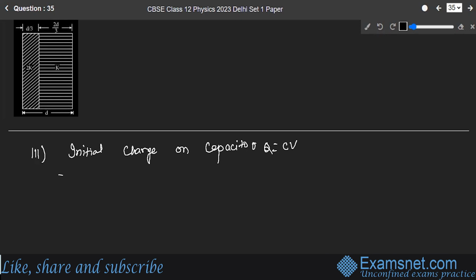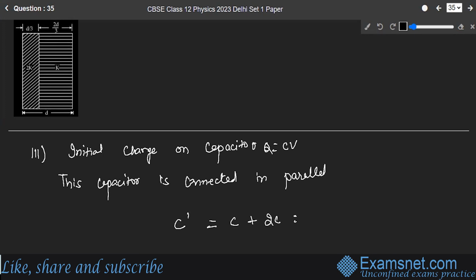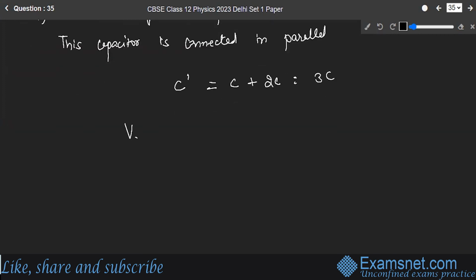So the total capacitance, this capacitor is connected in parallel, will be given by C plus 2C, that is equal to 3C.